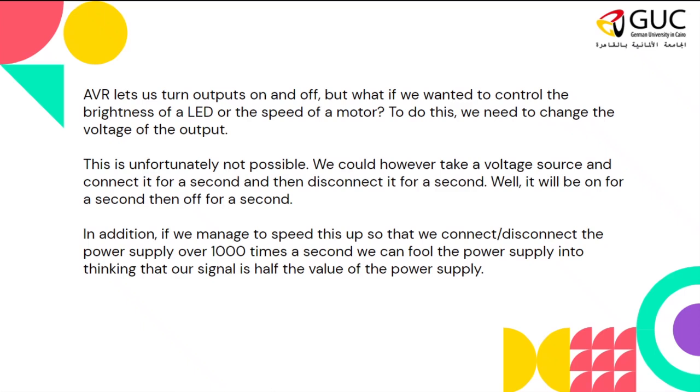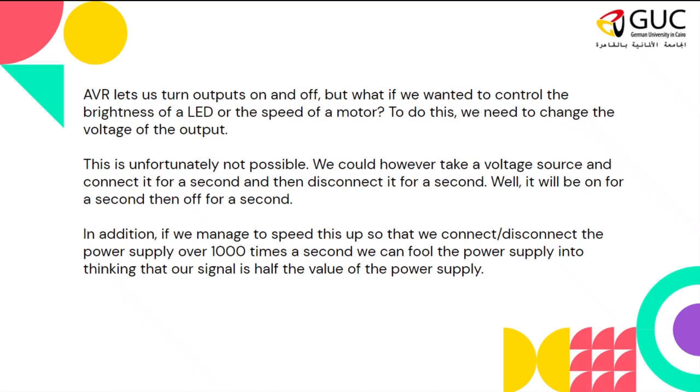Let's say that our LED will have medium brightness at 2.5, which is actually right, because the maximum voltage is 5 volts and the medium, or half, of the volts is 2.5. So we want to send 2.5 volts to the LED, not 5.